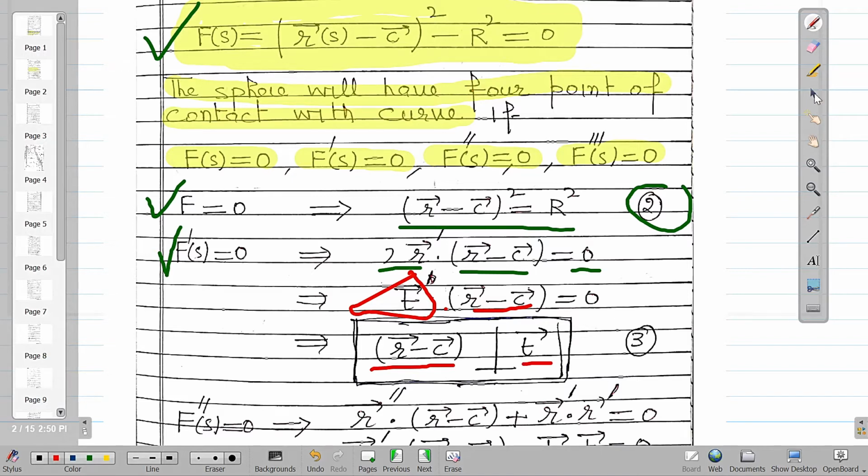That is equation number 3, again a very important result that we will use later on. Equation number 2 will also be used later.